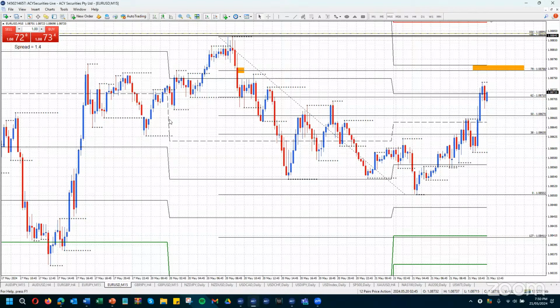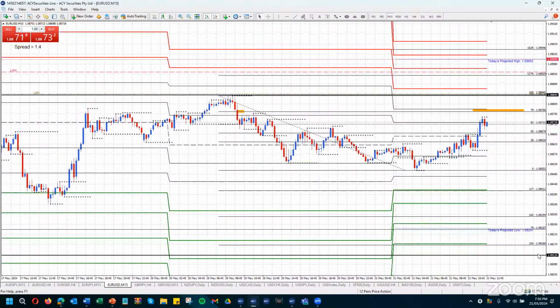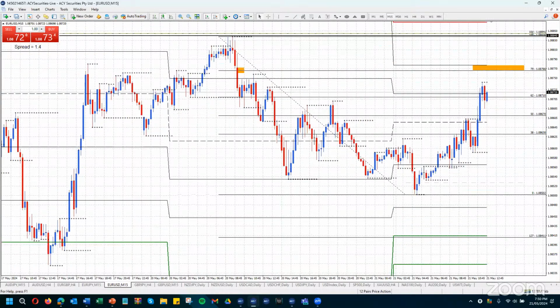So those are the areas that we'll be looking at. High up for a sell, or lower down at 108.12 down to 10800 area could be support.